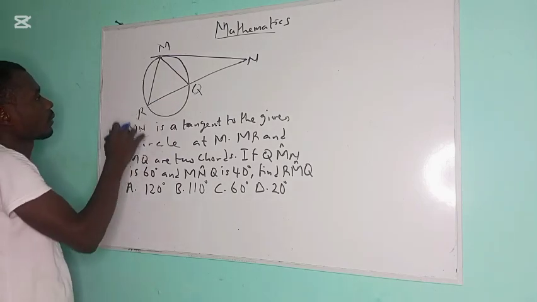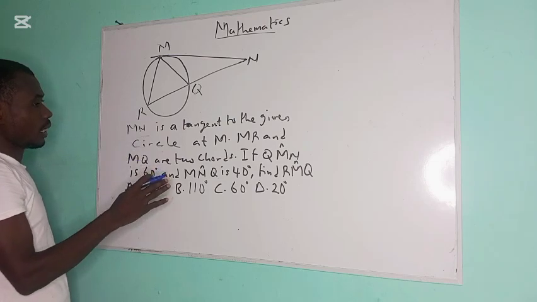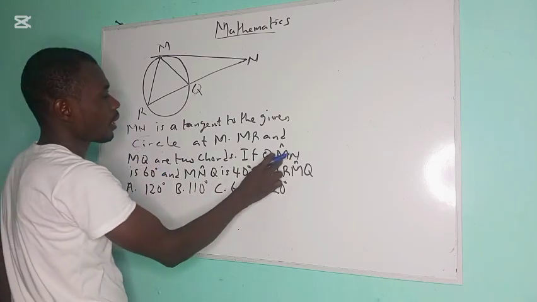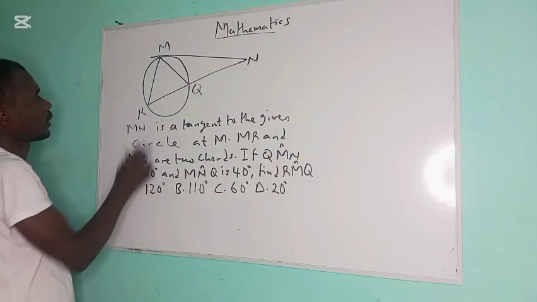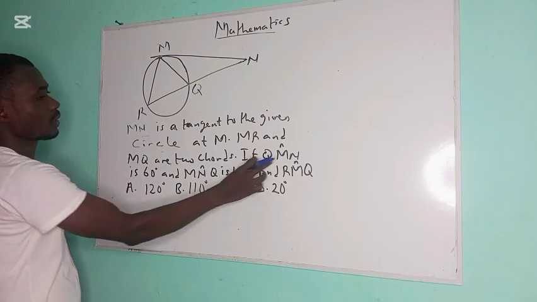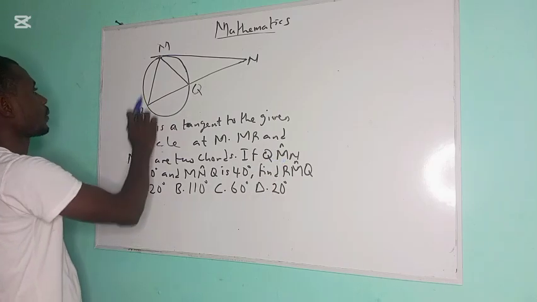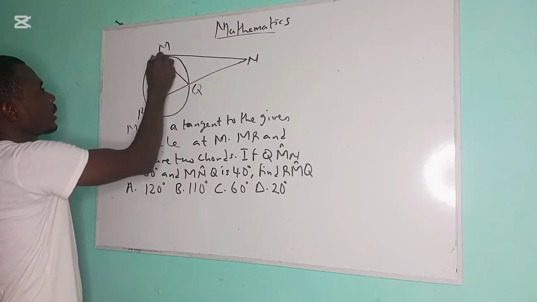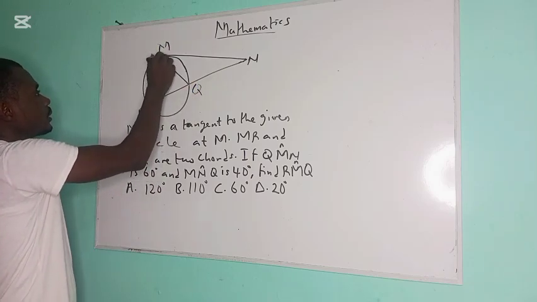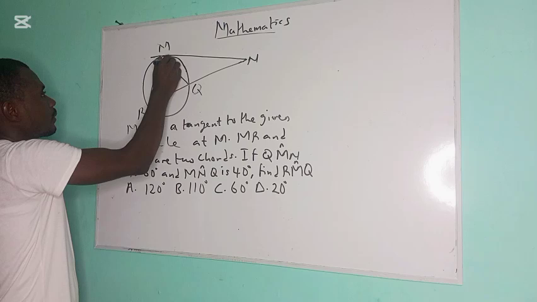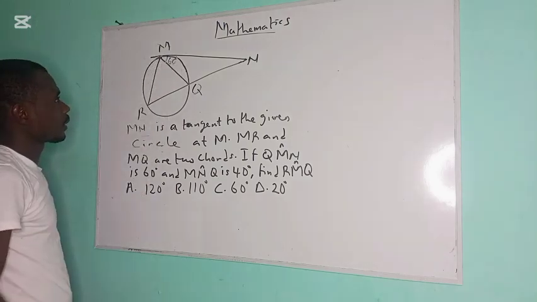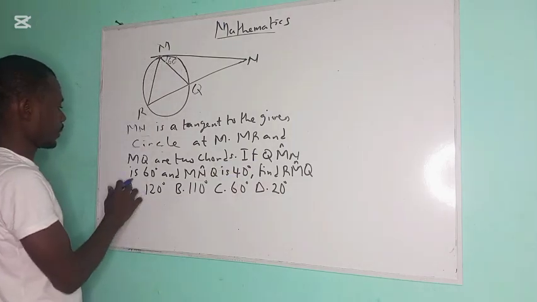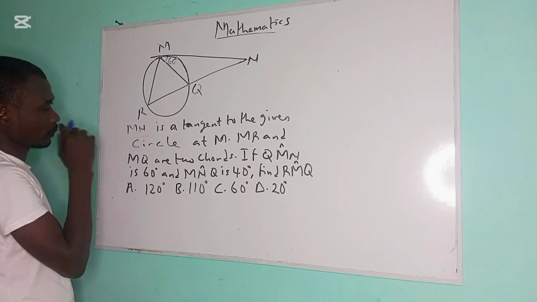And if angle QMN is 60, where is QMN? That is Q, that is M, QMN. This angle is 60, right? And MNQ is 40.